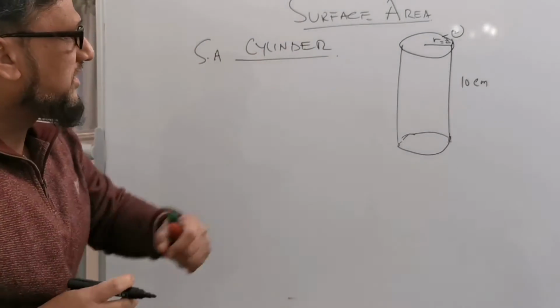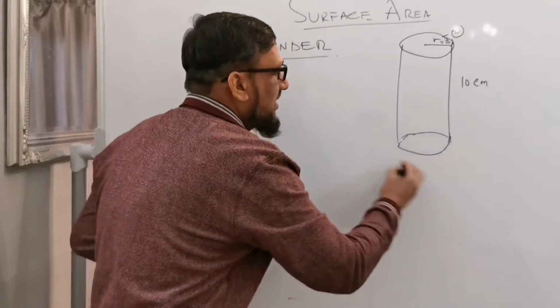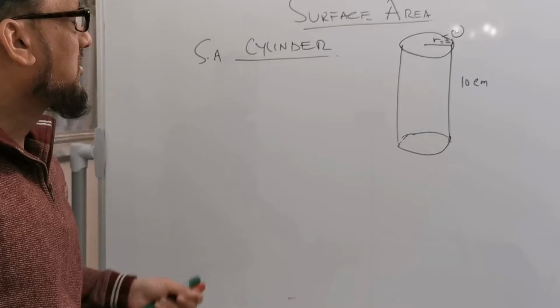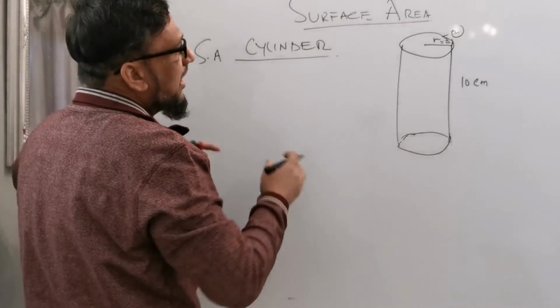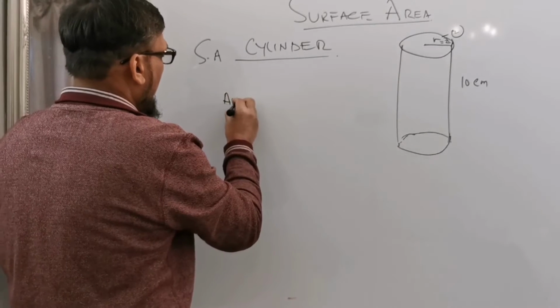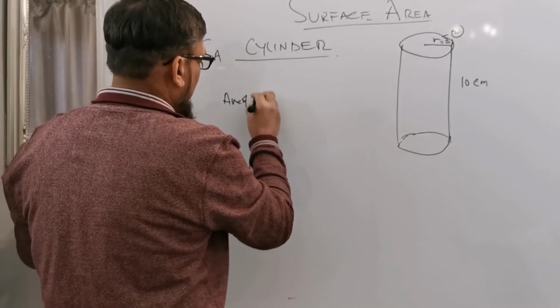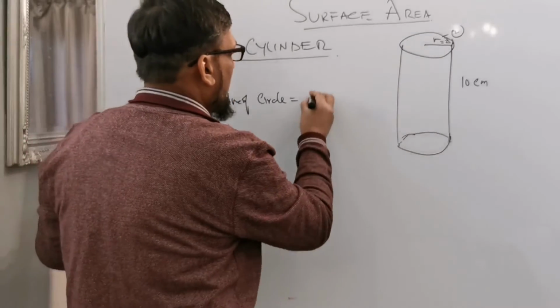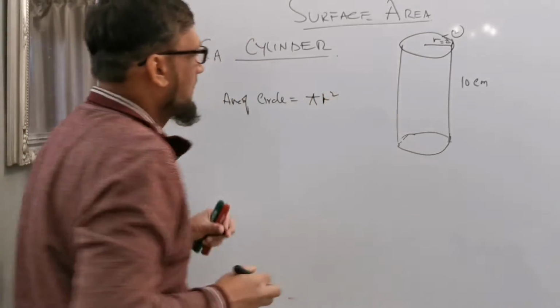So there are a few steps. How many circles can you see in this cylinder? There are 2 circles. So first we need to find the area of circle, which is pi r square.